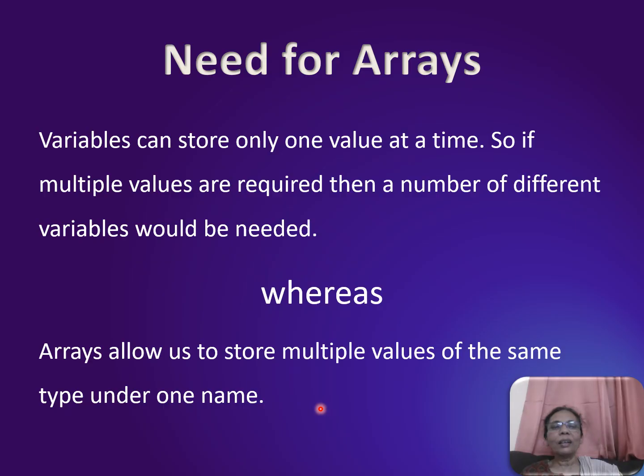But if we use an array, multiple values can be stored under the same name. So an array reduces the memory space by storing multiple values of the same data type under one name.